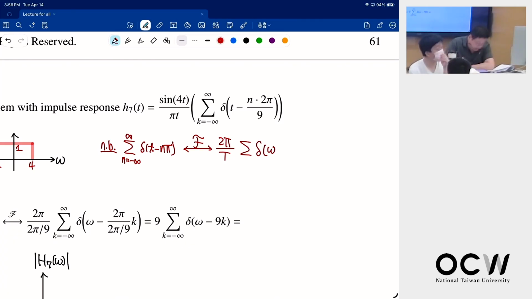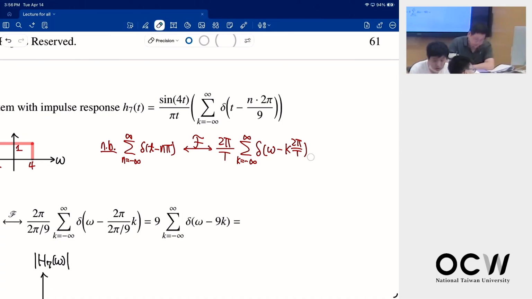Omega minus k 2 pi over T. And then omega naught will be, we'll write this later.